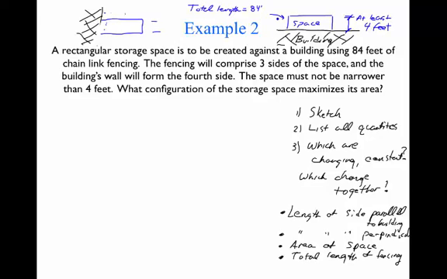Okay, any other quantities? What about the length of the side parallel to the building? Is that a changing quantity or constant? This length right here. Let's call it something. If it's a changing quantity, then we can use a variable for it, right? So what do we want to call that? I heard x first. Any variable works, so we're going to call that x, because as we reconfigure this, we can get different lengths for that x.